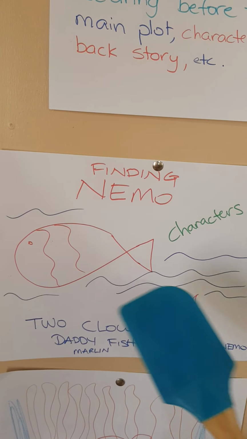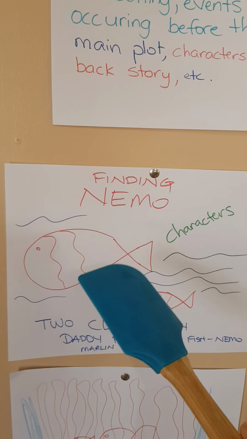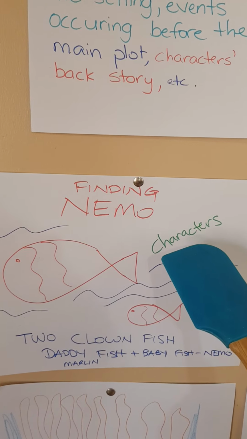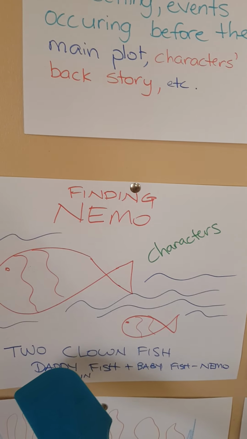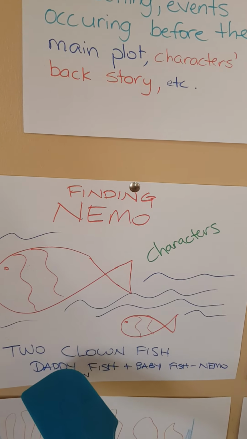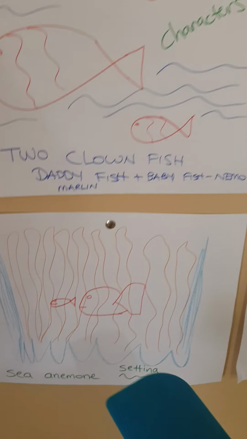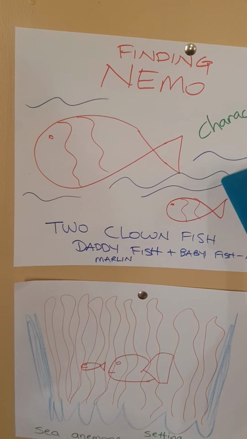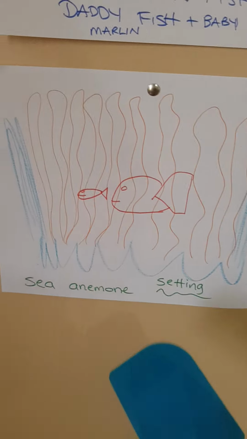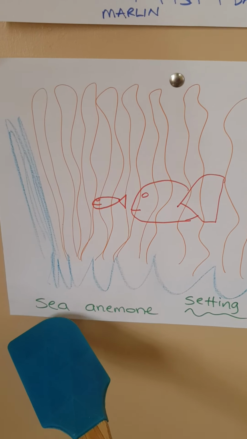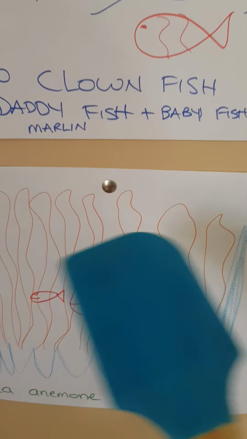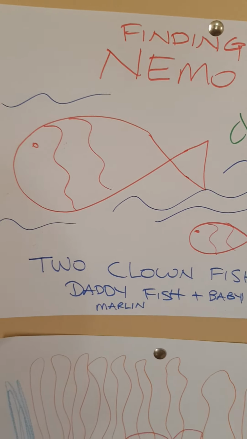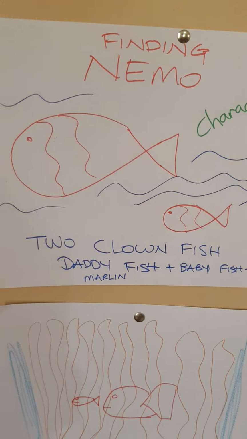So in Finding Nemo, your exposition and introduction will be introducing characters such as the two clownfish, daddy fish and baby fish, which is Marlin and Nemo, right? Good. And they told us about the setting. So they introduced the characters to give us a little background about them. And the setting, which was the sea anemone. And they basically lived there in peace and whatnot. Nothing is really happening as yet.